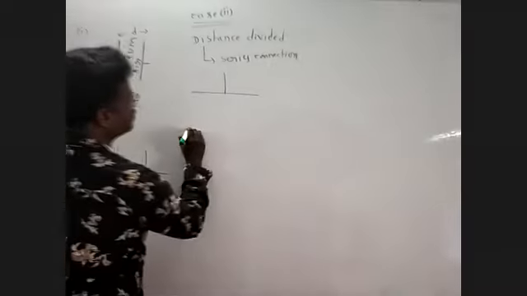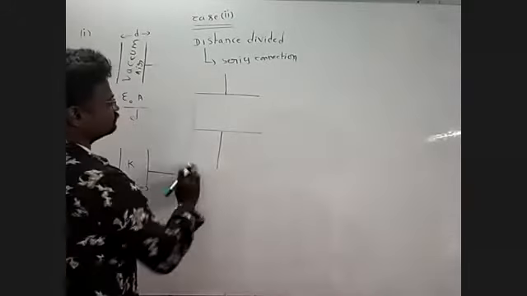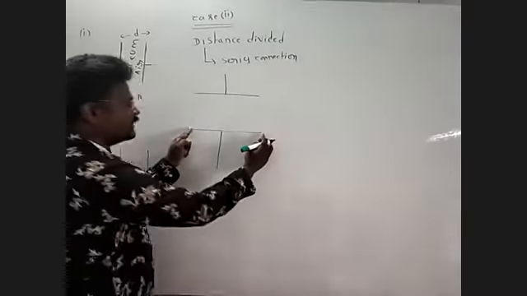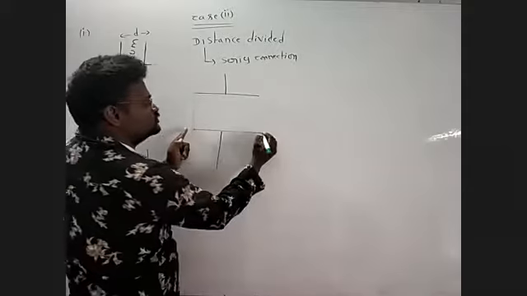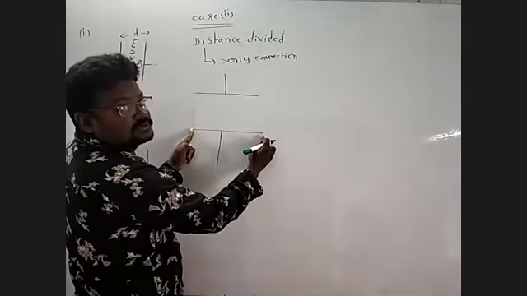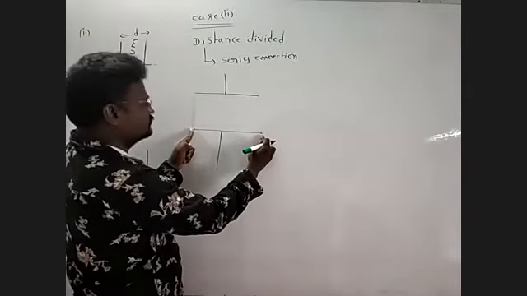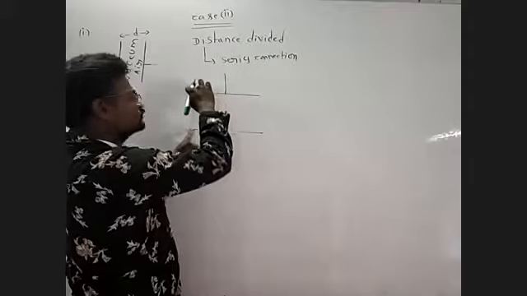For example, this is a capacitor I'm taking. This is the cross-section area of the plate, and this is the distance between the two plates.